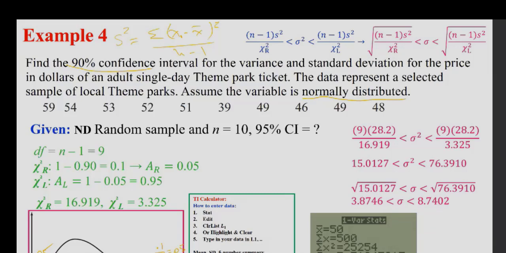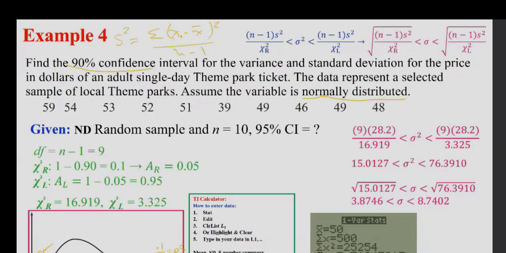So if we were to verbalize that, how would we do that? Can anybody tell us what this means? Anybody? We are 90% confident that the standard deviation is between 3.8746 and 8.7402. Thank you.